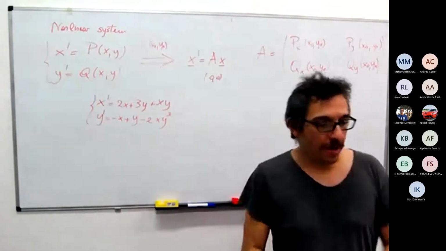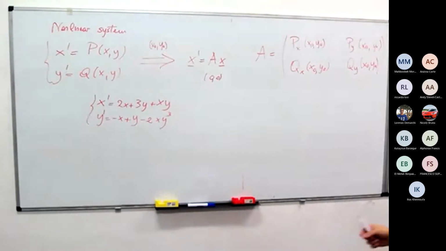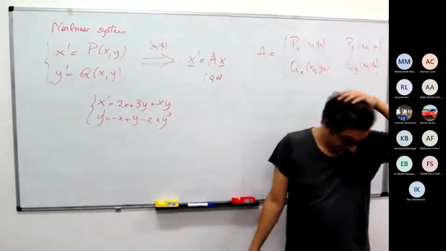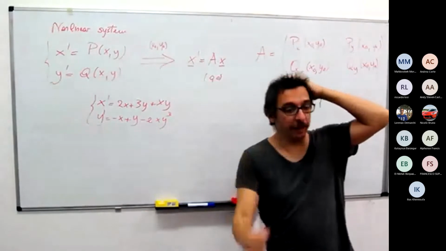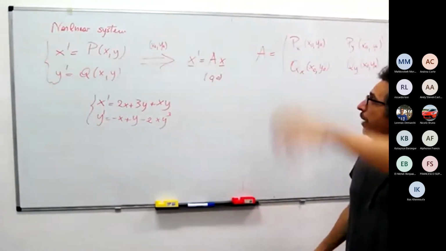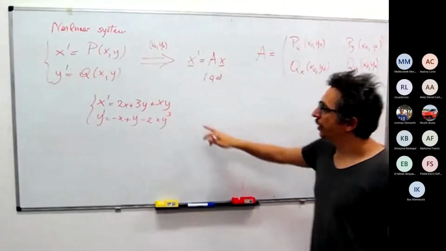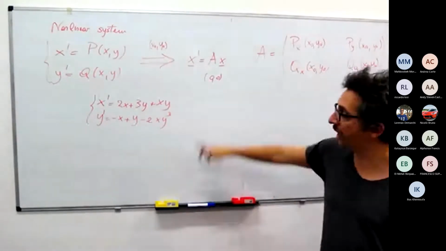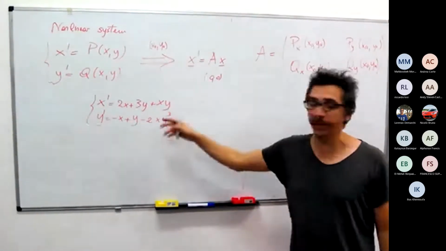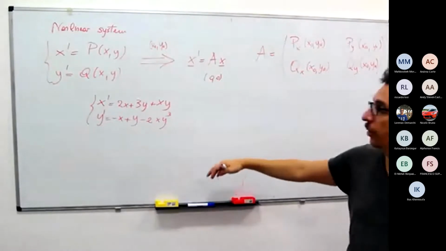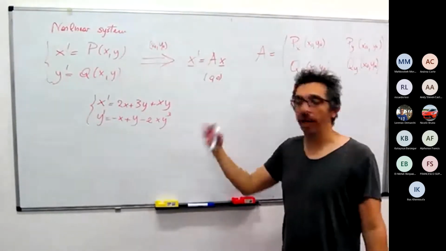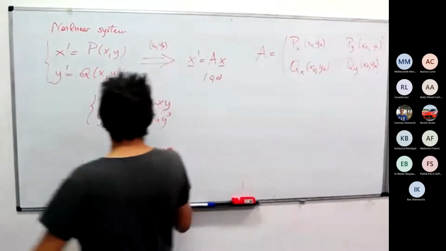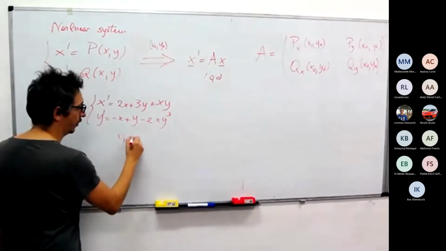Okay, you will have a certain number of critical points. I'm interested, there is just one. In this case, there is just one real critical point. The other ones are imaginary solutions that, in this case, can be discarded. So the critical point for the nonlinear system is 0, 0.